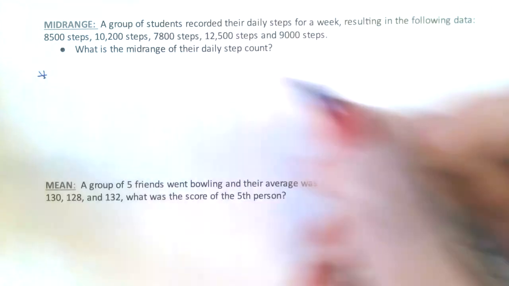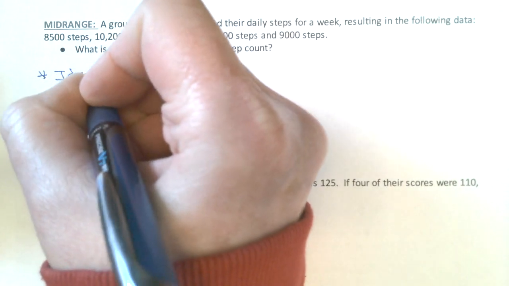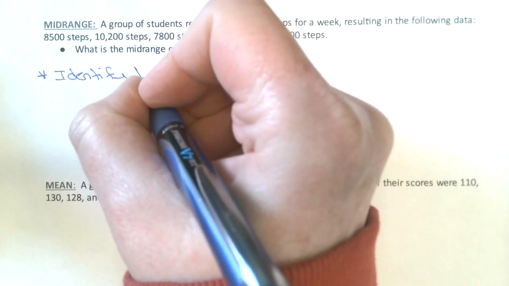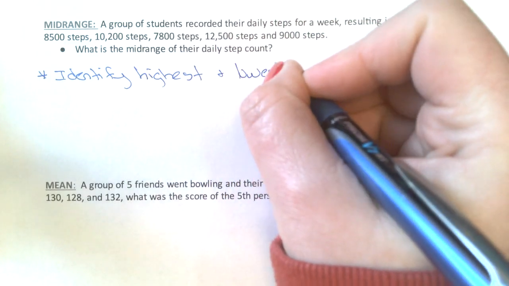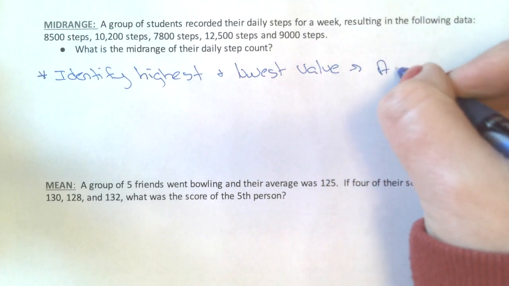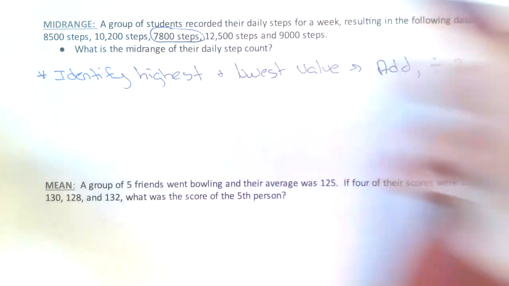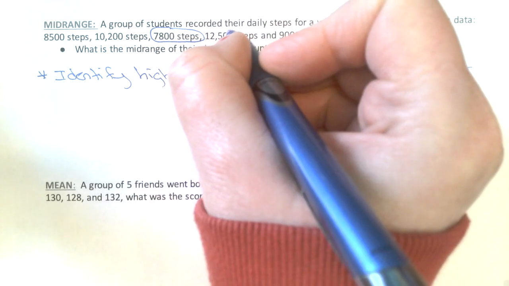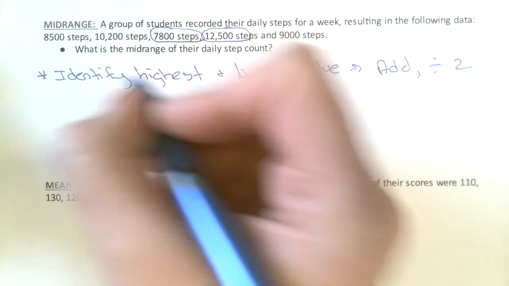All right, so to find the mid-range, what do we do? Identify the highest and lowest value. We're going to add and divide by 2. So when I look at this, 7,800 is the lowest, and 12,500 is the highest.